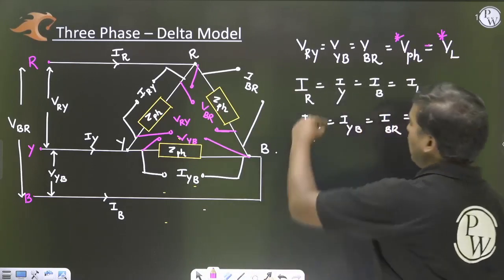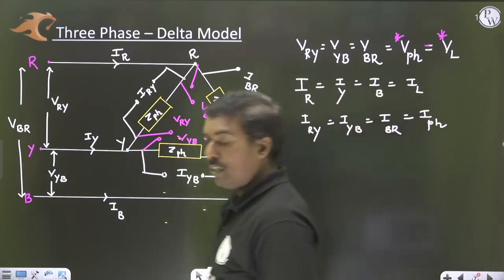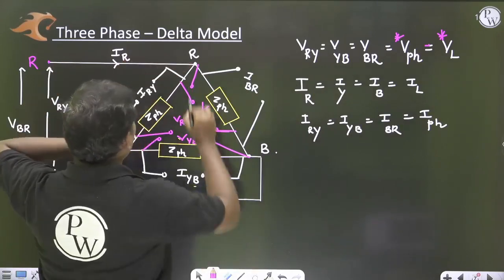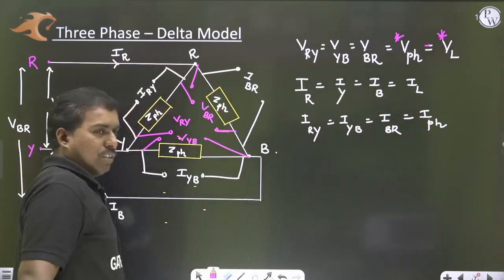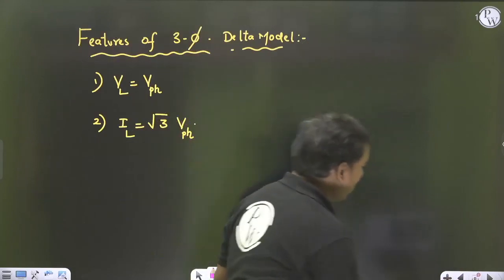But the line current and phase current are not the same, because IR enters and splits into two parts. By current division, we get a relation.